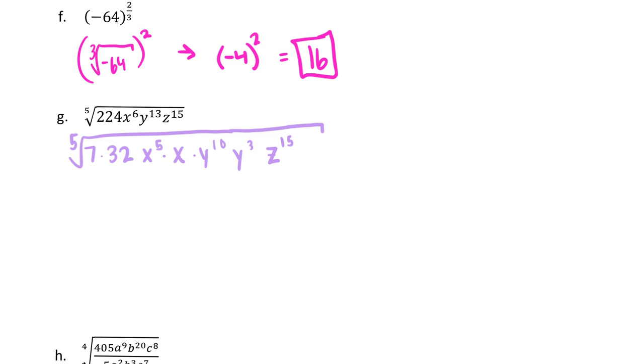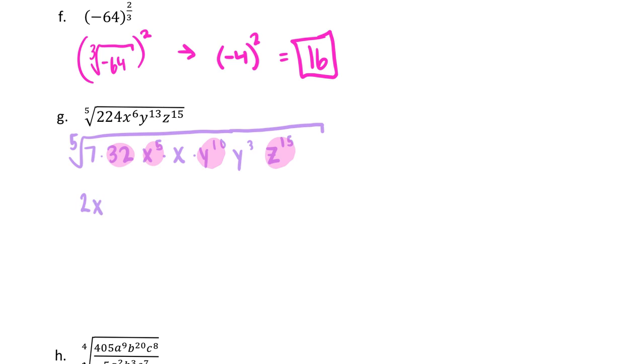Okay, and then I just need to start pulling out my perfect 5th power. So there's a 5th, there's a 5th, there's a 5th, and there's a 5th. So if we pull those out, we're going to take the 5th root of them. The 5th root of 32 is 2. The fifth root of x to the fifth, in that case we just divide the powers.